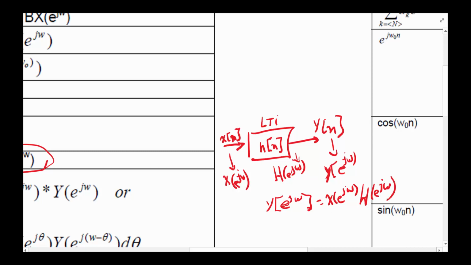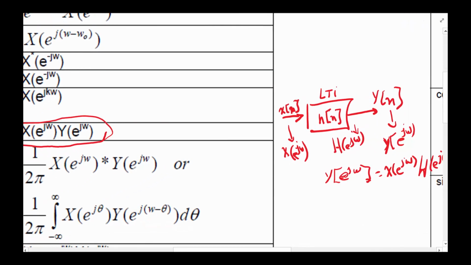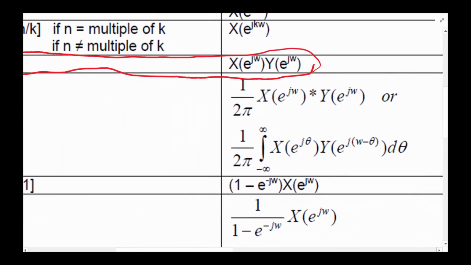That's pretty powerful, because it means I can find the output by simply multiplying the input and the transfer function. By the way, if you don't remember, this H of e to the j omega is called a transfer function. This is useful because now I can look at a system and relate the input and output by simple multiplication, so we can work on very complex systems very easily.